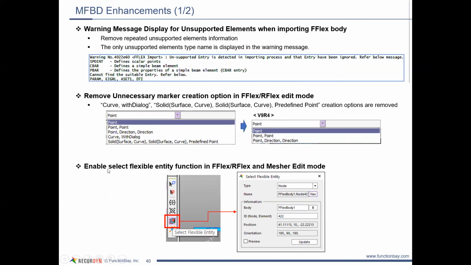There's a way to now select this flexible entity function, and this is active both with Flex and Rflex, and also when you're in the mesher.